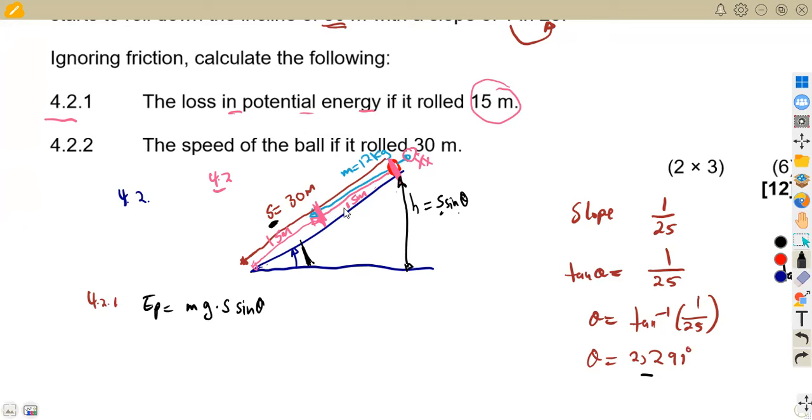For the 15 meters that we have, we are going to have our mass of 12 kg times the gravitational acceleration of 9.8 times the distance, that is our s in this case, not 30 meters, but the 15 meters that it has rolled, times the sine of theta. The sine of theta is the angle that we have here, which is 2.291 degrees.